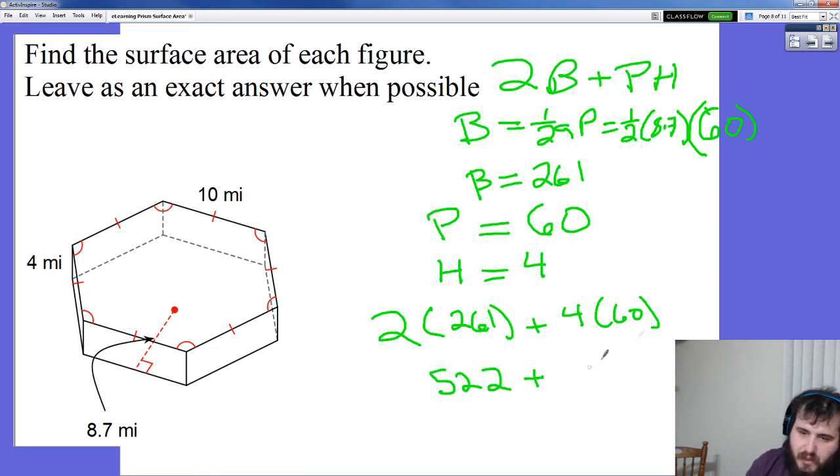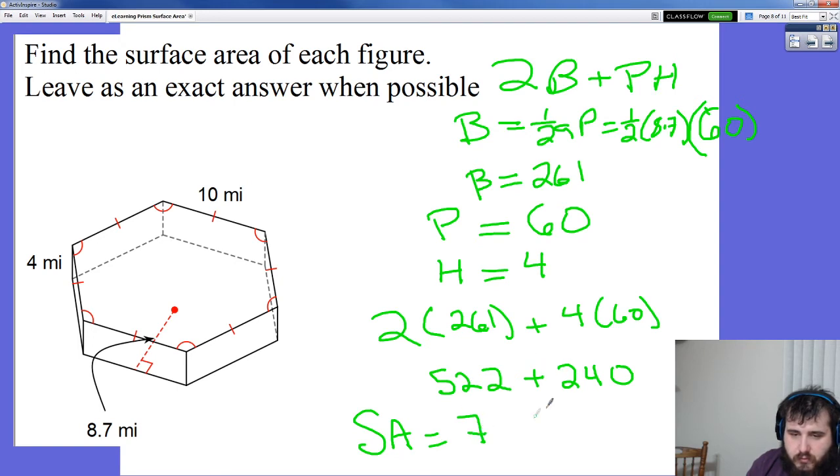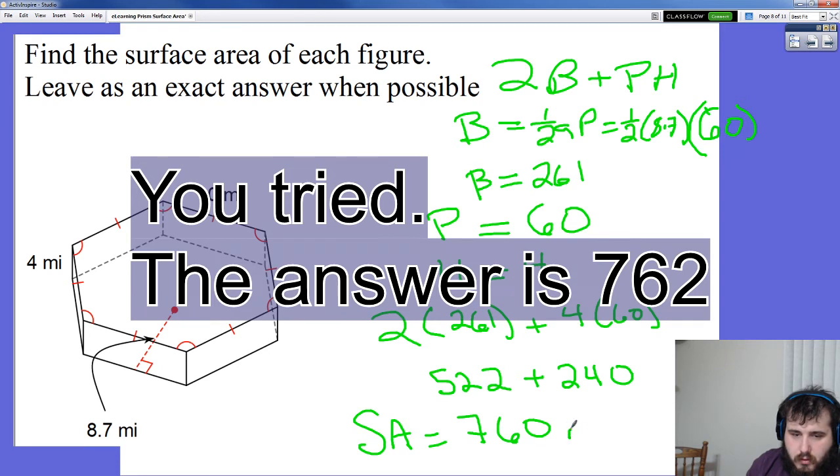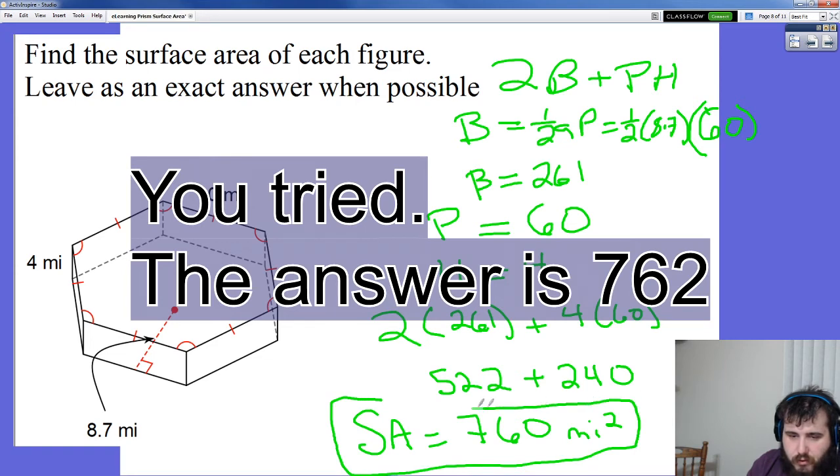And then 4 times 60, 240. And then just add these two together. Your surface area is these two together. 5 and 2 is 7. 2 and 4 is 6. 2 and 0 is 0. 760 square miles of wrapping paper if I wanted to wrap this up.